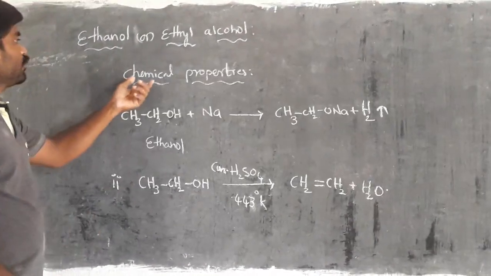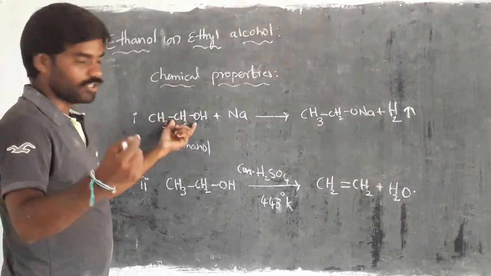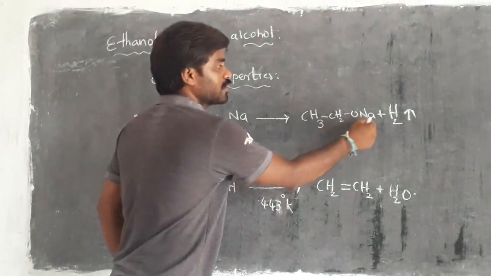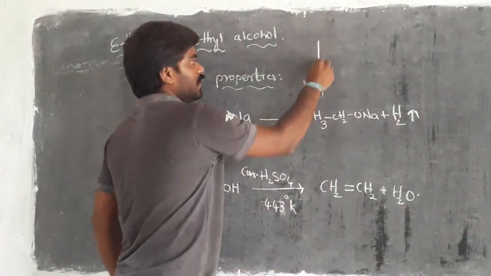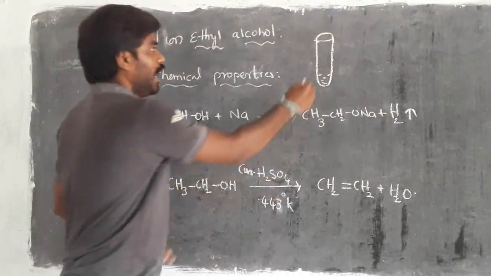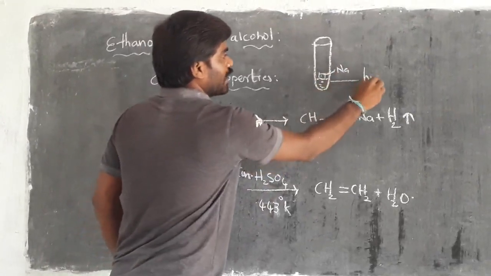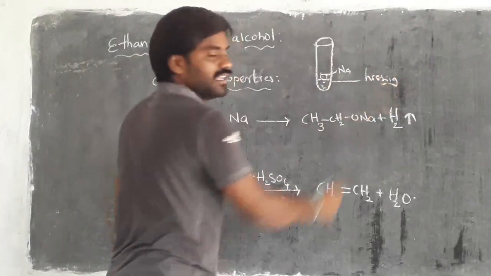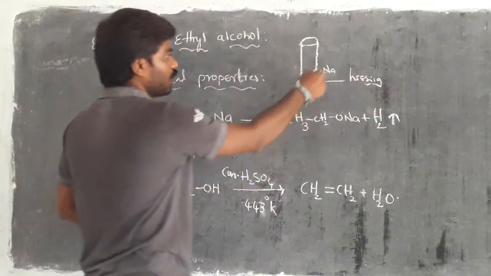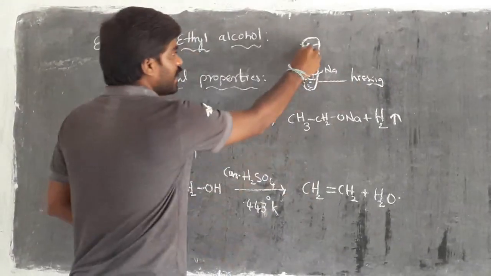Next, we are going to discuss the chemical properties of ethanol. If you take ethanol in a test tube and add a small piece of sodium, you get sodium ethoxide with H2 gas. If you take a test tube filled with ethanol and drop a piece of sodium, we get a hissing sound, like the sound of boiling milk. Same like sodium dropped in water, it reacts with a hissing sound and releases gas.